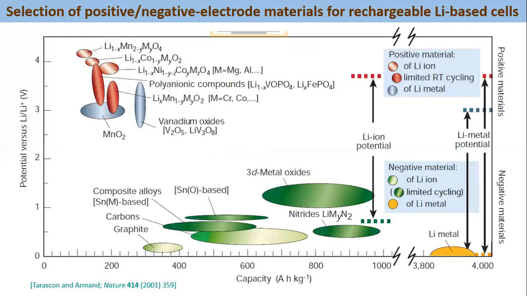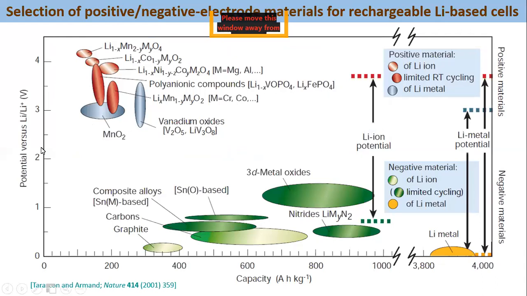Now, how to select anodes and cathodes? If you look at this figure, you will see that on the y-axis there is the potential with respect to lithium, and on the x-axis the lithium capacity is mentioned.